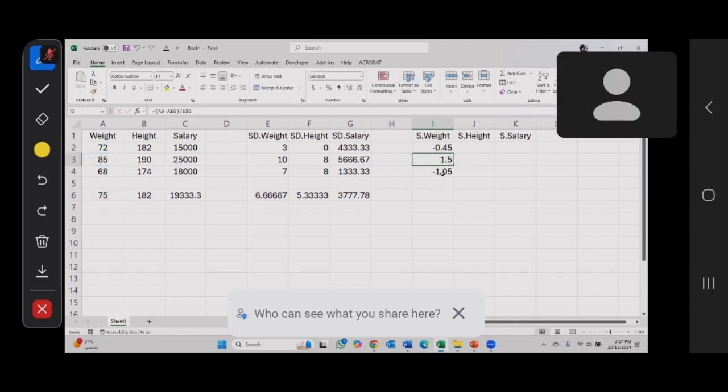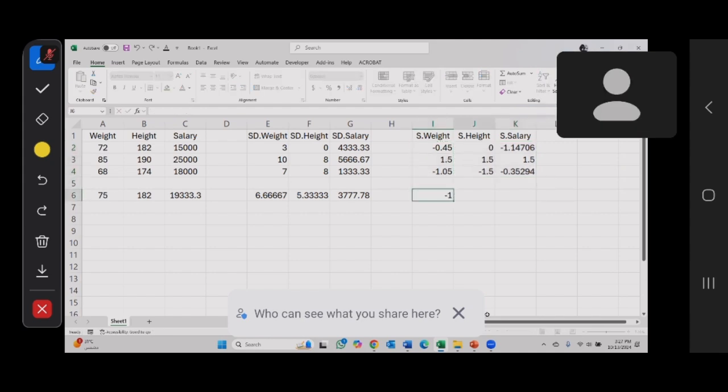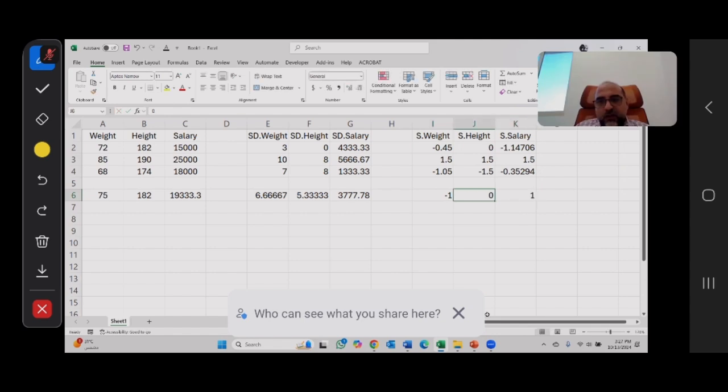Should the result be negative or positive? It is between minus one and one. All values are between minus one and one. Do you see that now all values are between minus one and one?